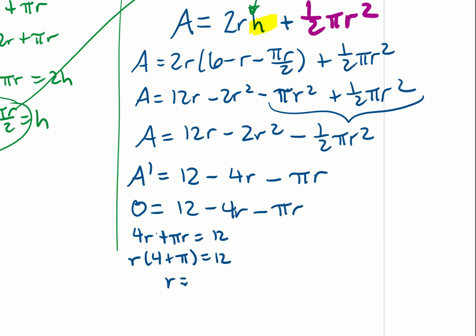And so r is 12 over 4 plus pi. It just feels like that's hard for people to tell what that is. So maybe I'll convert that really quickly to a decimal. This is approximately 1.6803-ish.